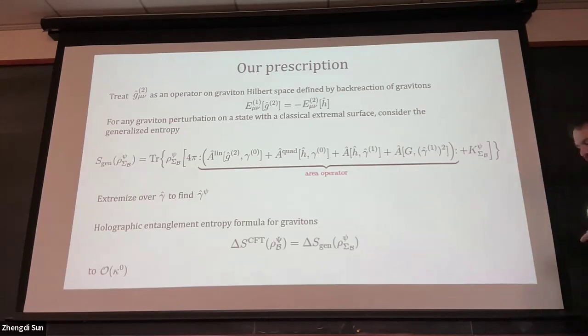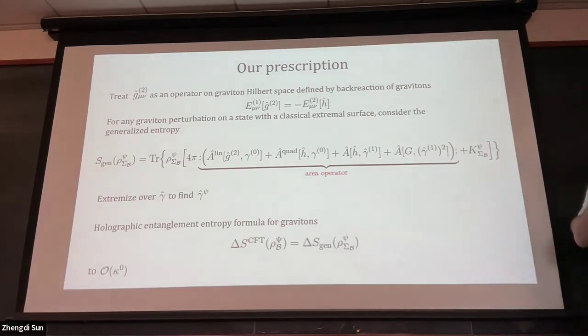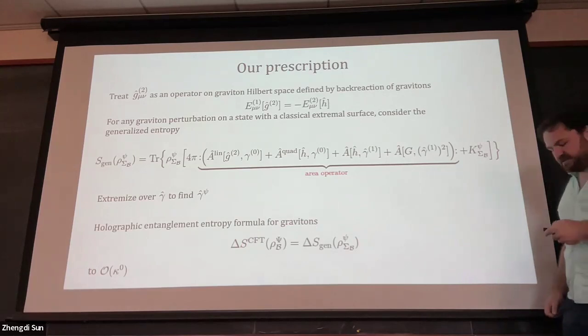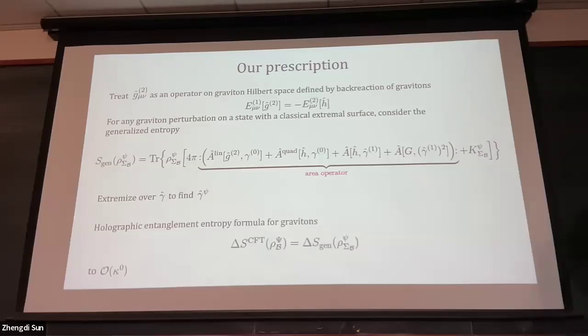But this is the only thing I know how to compute, so this is the only thing I can claim. The other reason is that entropy is very subtle for the reasons that I discussed previously: diffeomorphism invariance puts some constraints on the Hilbert space, and you have to deal with that constraint. And for delta S, you don't have to deal with that constraint. I'll explain that at the end of the talk. So this delta S is much nicer than S itself, and that's why I only have a formula here for delta S.